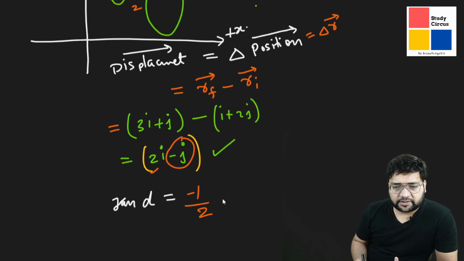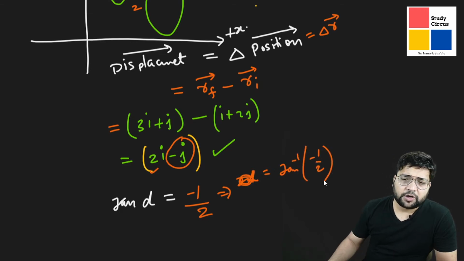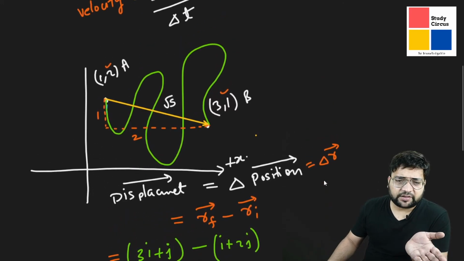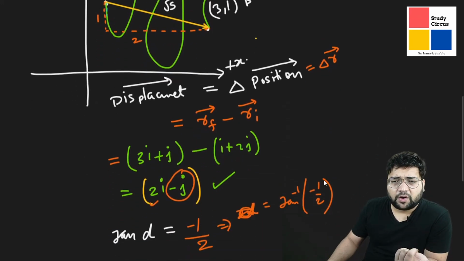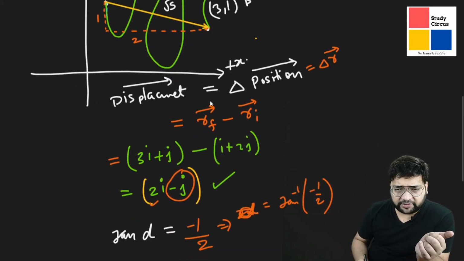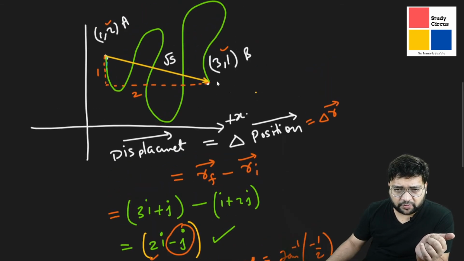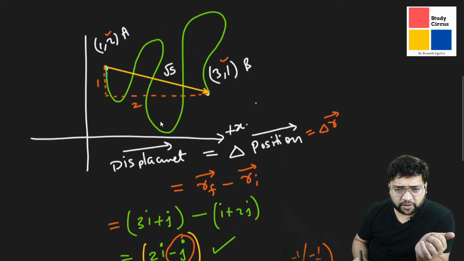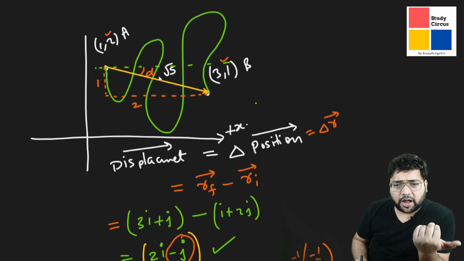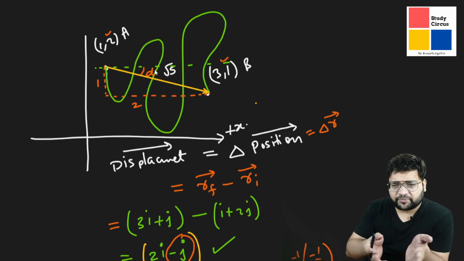So alpha, that angle, is tan inverse of minus 1 by 2. So obviously we can say this is an obtuse angle, or it is negative, toward the negative side, like this. From the positive x-axis, if I draw a parallel to the x-axis like this, this is your alpha from the positive x-axis, and it has to be negative.